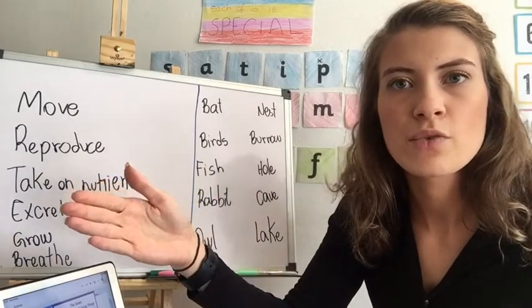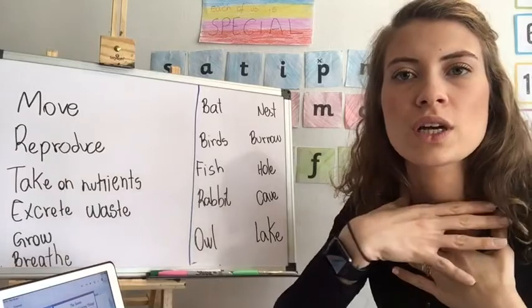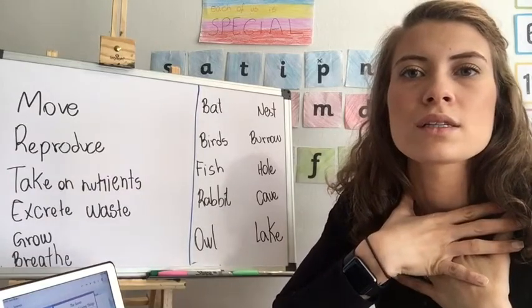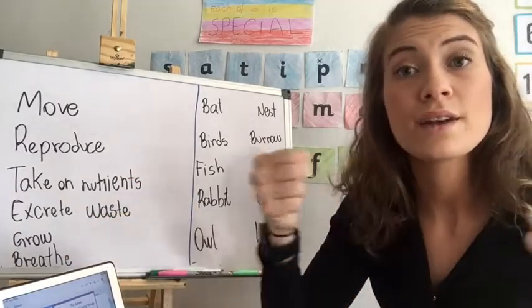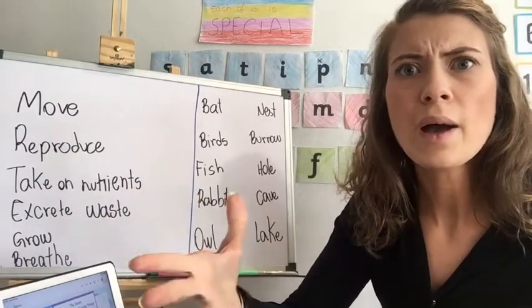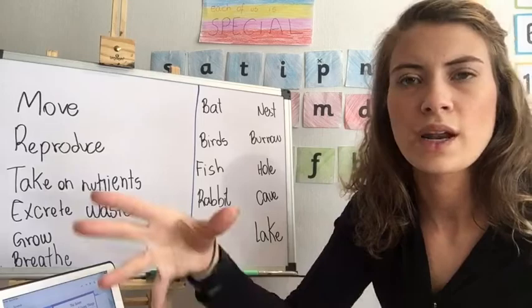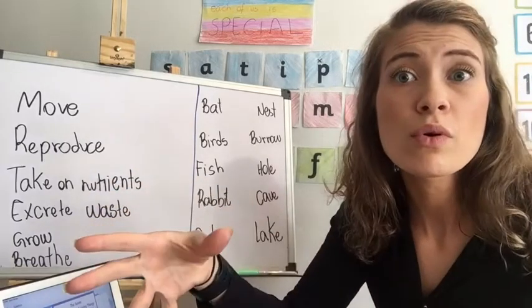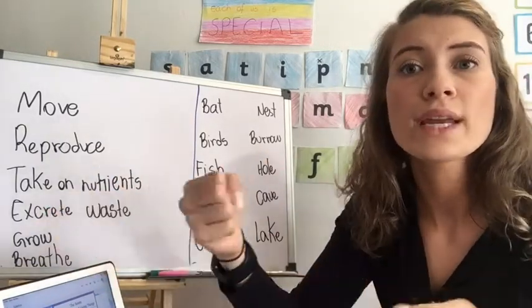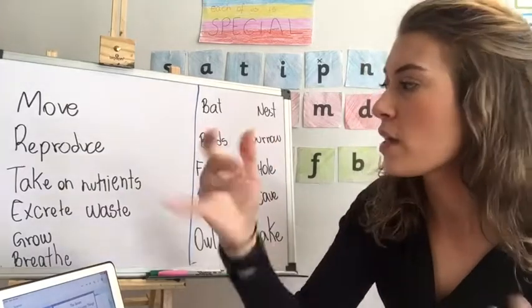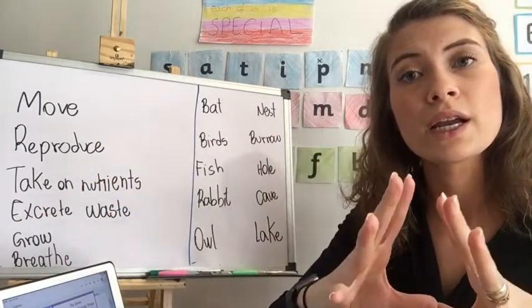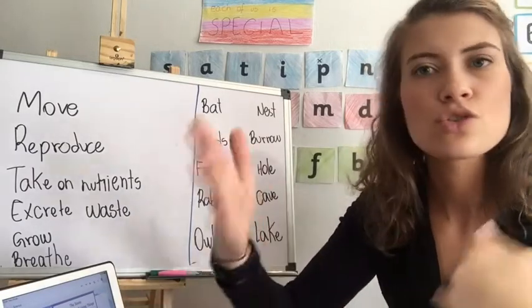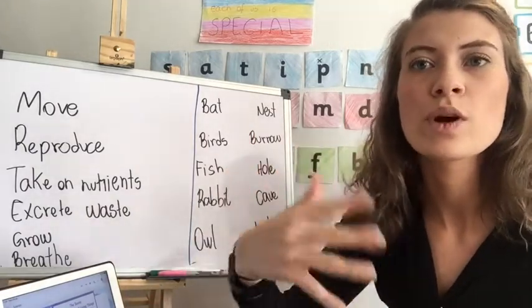If we don't nourish ourselves, we can't do what we have to do the whole day, because we need energy to wake up, to organize our bathroom, to go to school. We need energy, and because of that we need to take on nutrients to nourish our body, and then we have energy to keep moving and doing what we need to do.